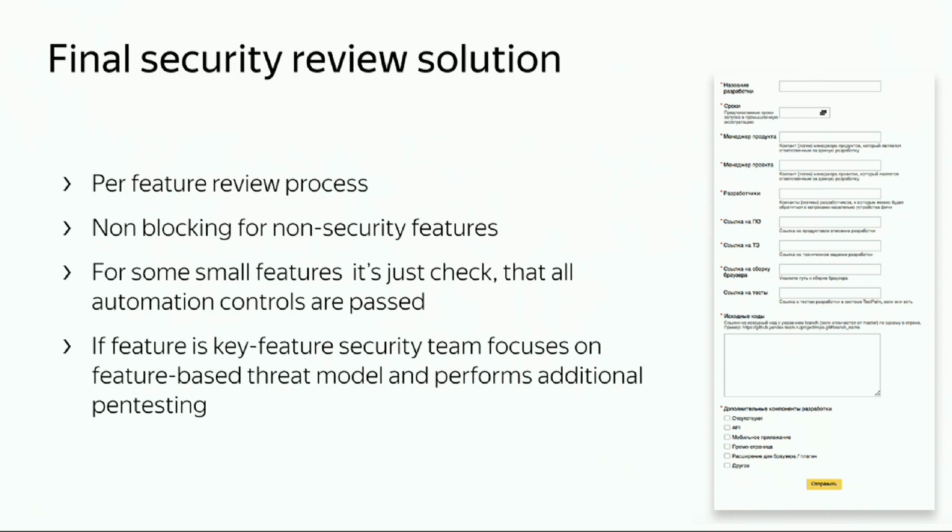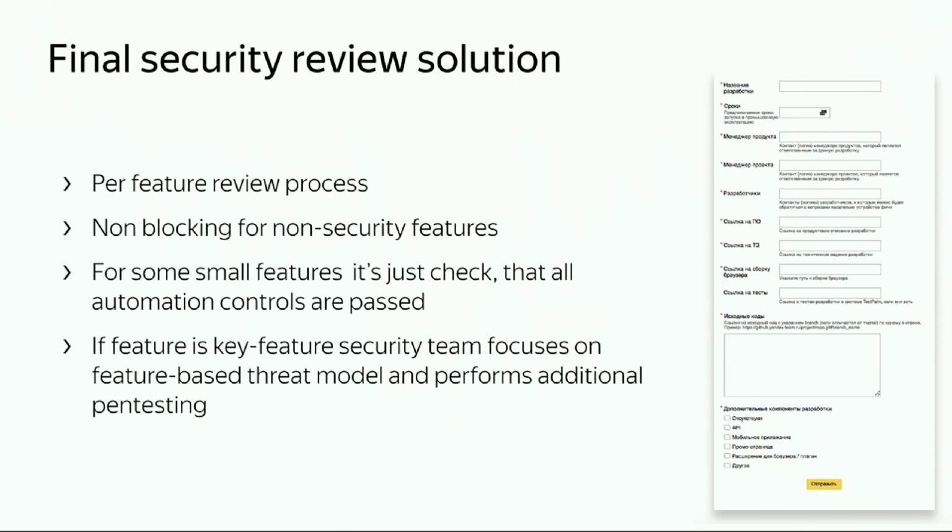When the team tries to release a feature, it should provide the data about this feature, and after it, a ticket is automatically created in our project tracker. We find out that there is a new security audit candidate, and we can dispatch the tickets to our team for load balancing.